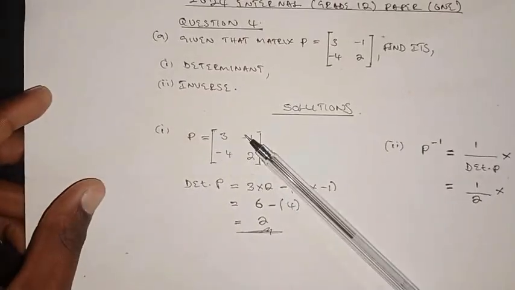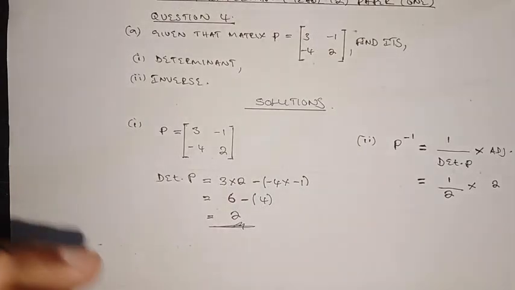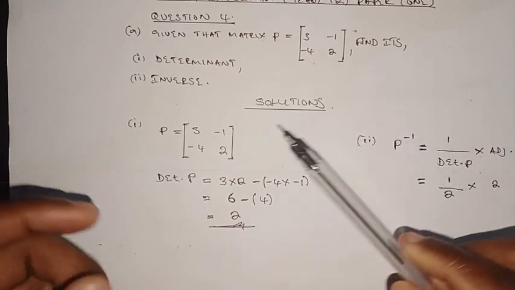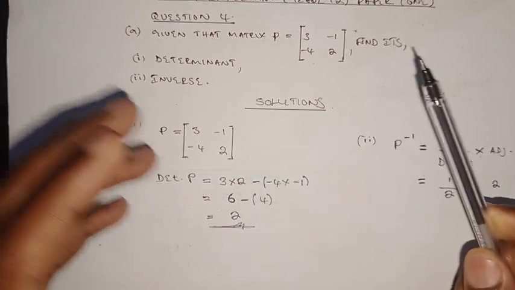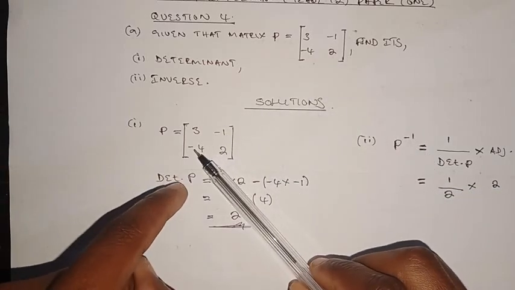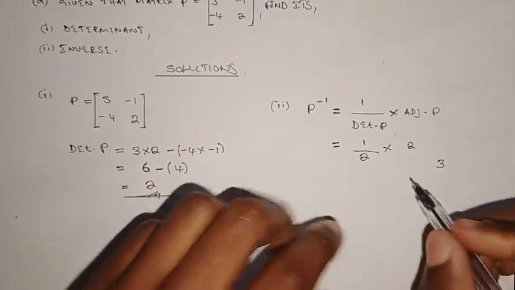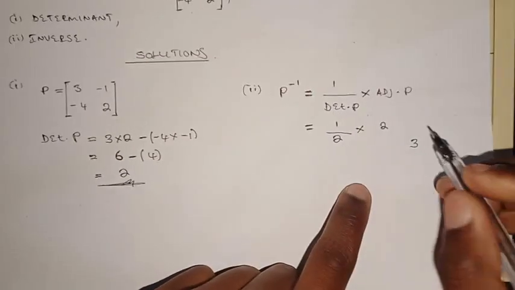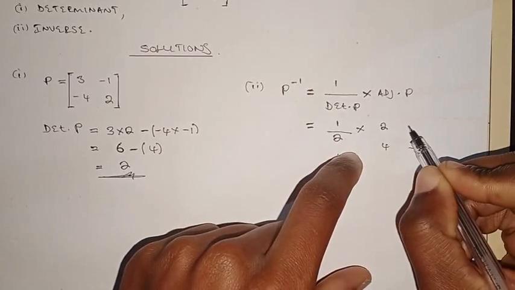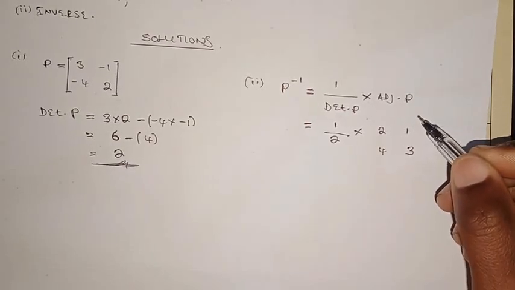Now, in the trailing diagonal, we change the signs. So if the sign was positive, it becomes negative. If the sign was negative, it becomes positive. So now, since all those are negatives, they all become positives because that's what it means to find the adjoint. So it's going to be positive 4 here, and here it's going to be a 1. So that's how we find the adjoint.